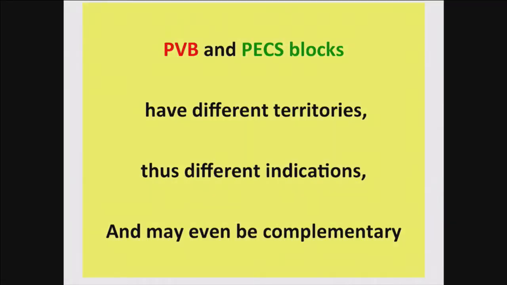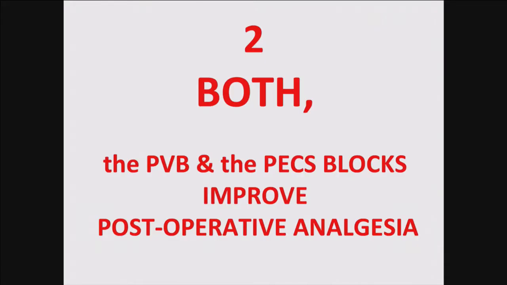So the paravertebral block and PECs blocks have slightly different territories, different indications, and may even be complementary. And just because I do not have this slide, these last years, some authors, and I do the same when I have a complete mastectomy, do a medial infiltration along the sternum in order to put to sleep all the terminal branches.